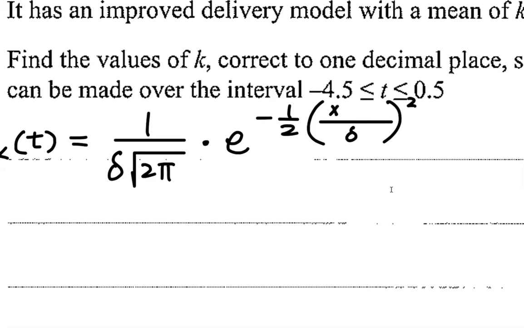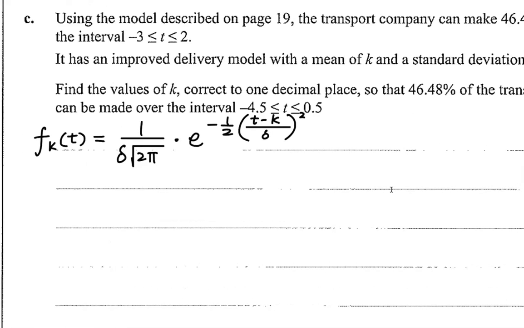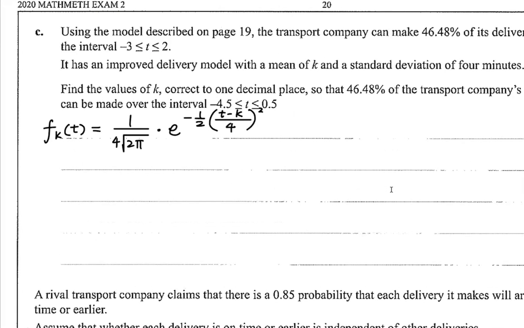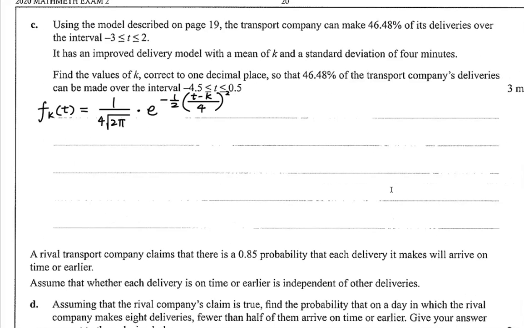This bit should be t, because it's a function of t minus the mean value k. So what is my sigma here? The sigma is 4. So I will just write 4 here and 4 here. Then we want to find the values of k over the interval -4.5 to 0.5. The probability is the same.